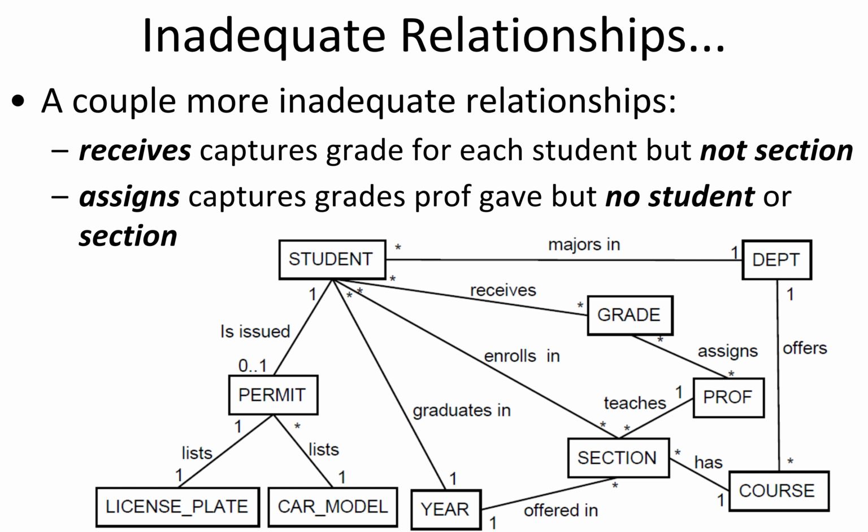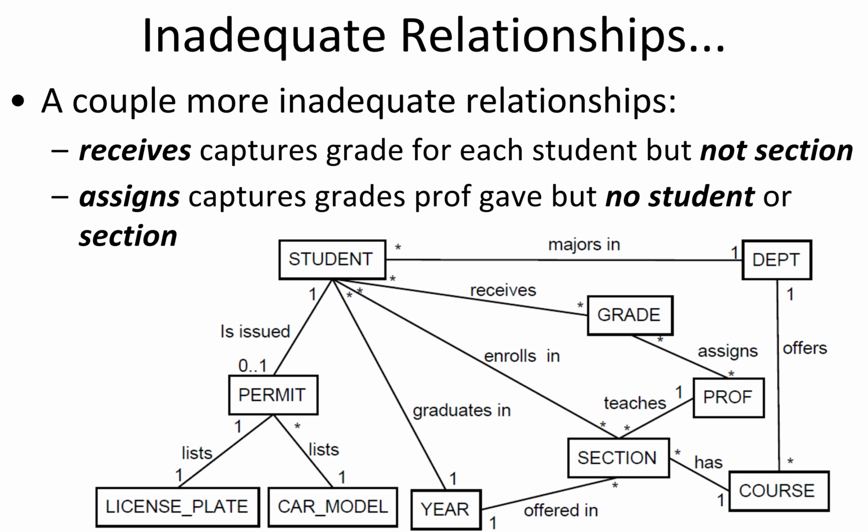So receives captures a grade for each student, but not section. Over here it says a student receives a grade. Okay, but then for what? We can say the student has a grade, but it doesn't say for which course it was, which section it was. And it also says that a professor assigns the grade.